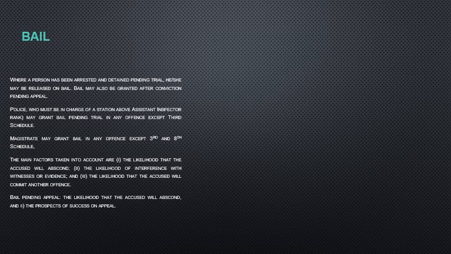And then in terms of bail, we are saying that police who must be in charge of the station may grant bail pending trial. And then we are saying here that the magistrate may also grant bail in any offense except the third and eighth schedule offenses.